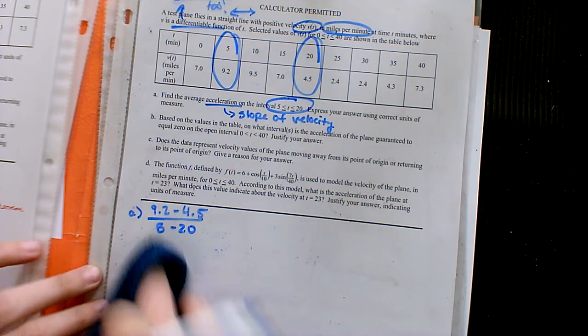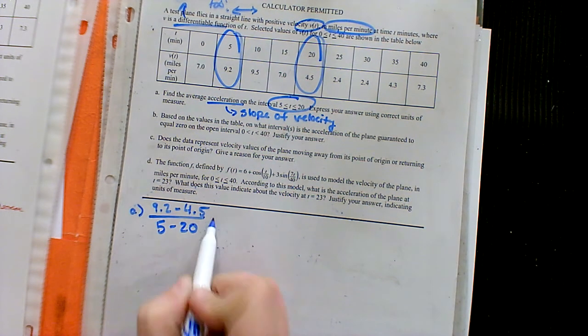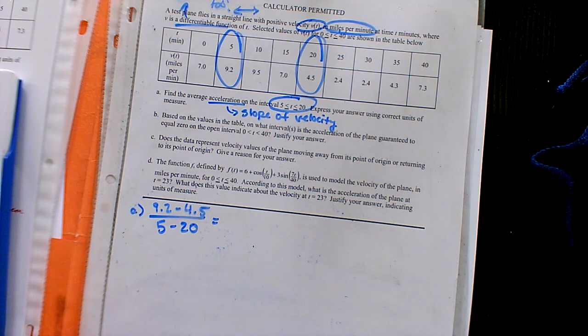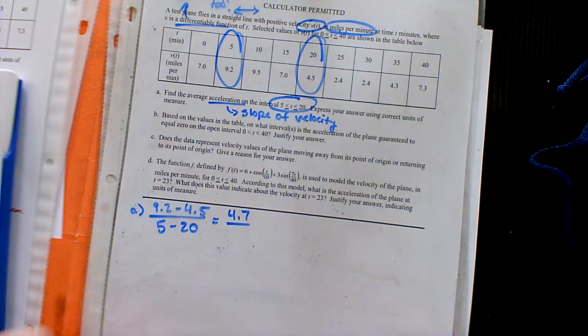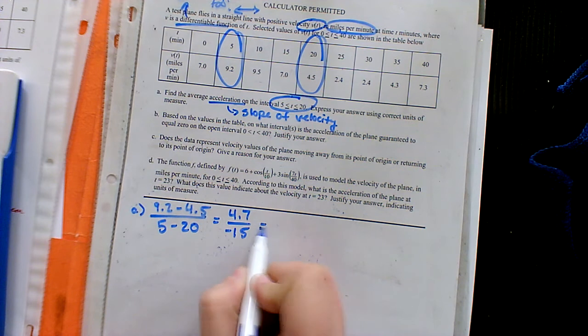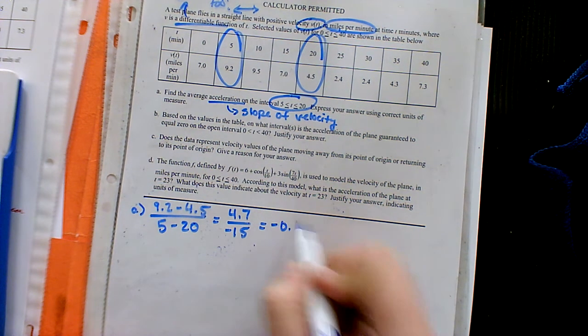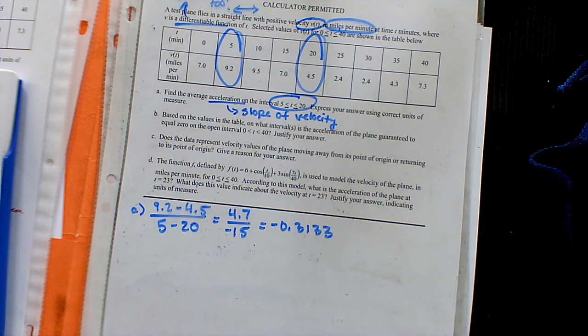It doesn't matter how you set it up as long as you're consistent. We can use a calculator for this one. 9.2 minus 5.4, 4.7, over negative 15, just over negative 0.3133.